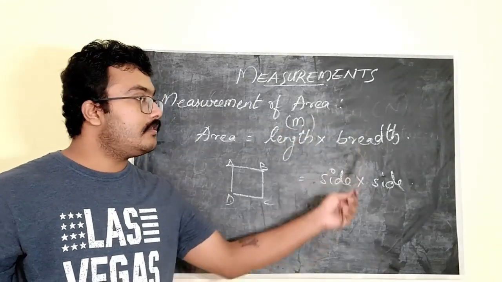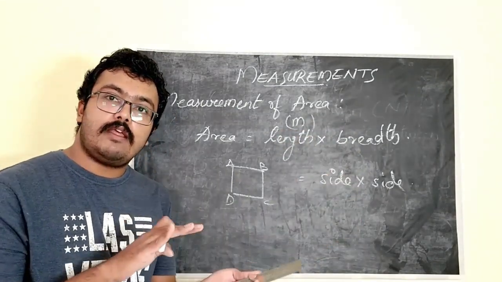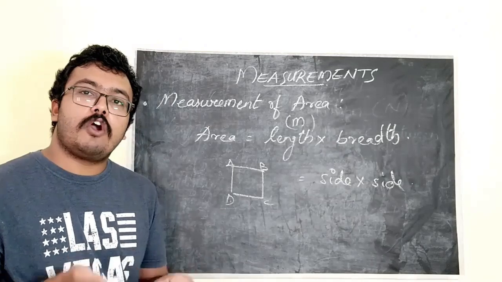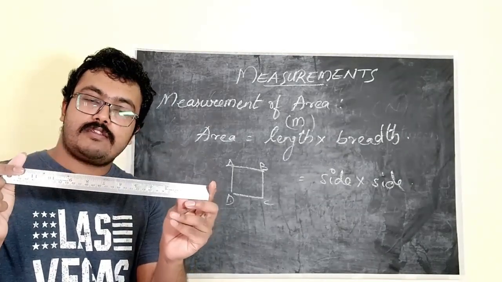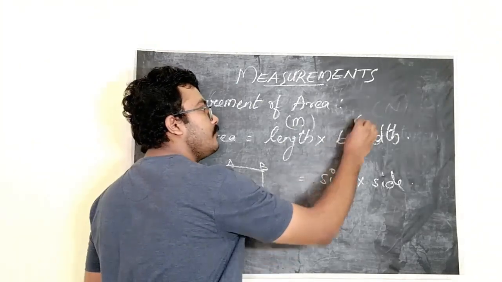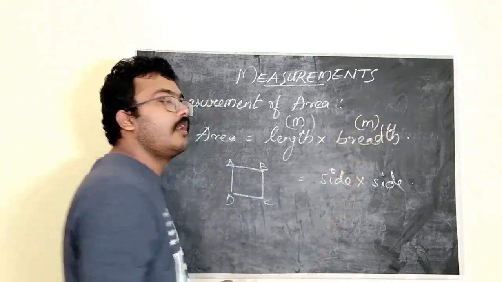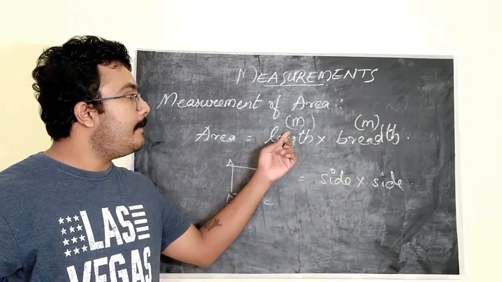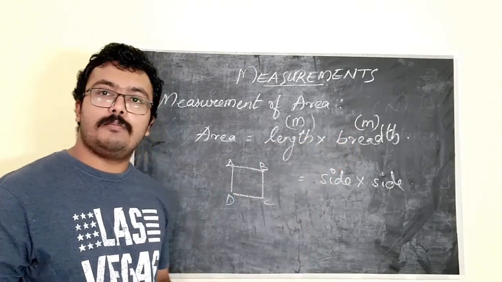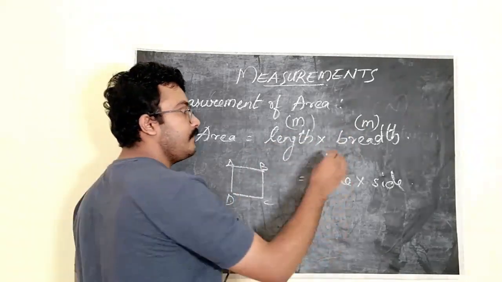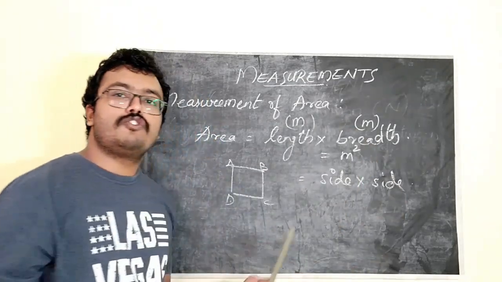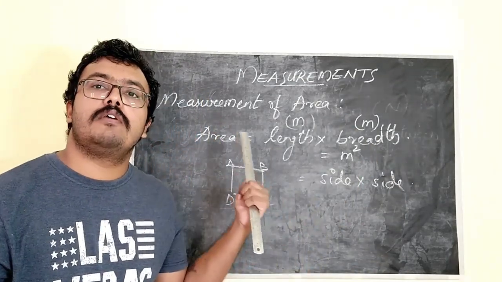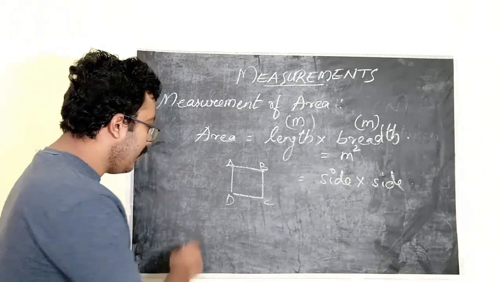Breadth is also the same as the length, the shorter one, measured using a scale, and it is also in meter. Now meter into meter will give you meter square. So that's the SI unit of area.